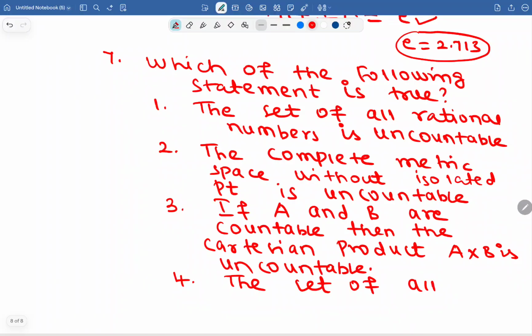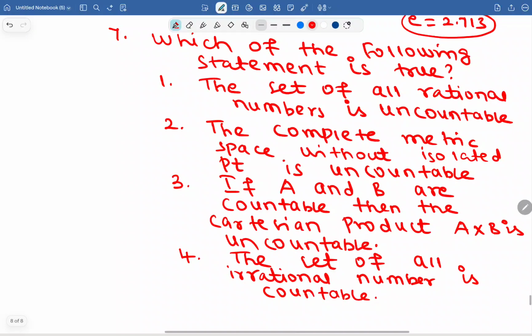Set of all irrational number is countable. Solution.